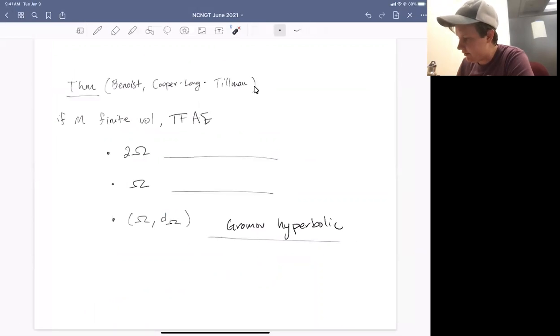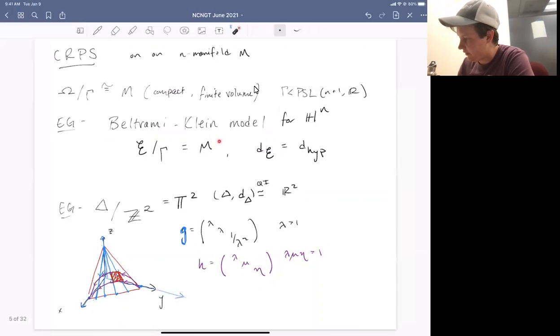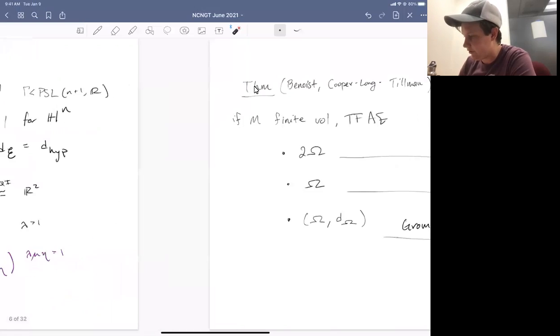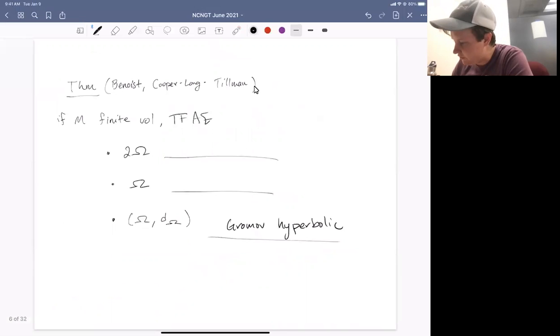One connection that I'll make. As we noticed, in the hyperbolic example we started with an ellipsoid, nice and smooth. With this flat example, we started with a triangle, which has lots of lines in the boundary and singularities in the boundary. So in general, proved first by Benoist in the compact case and Cooper-Long-Tillmann more generally, if M is finite volume, then the following are equivalent.